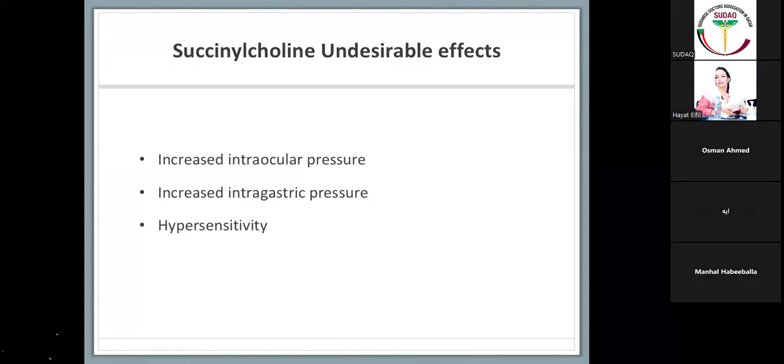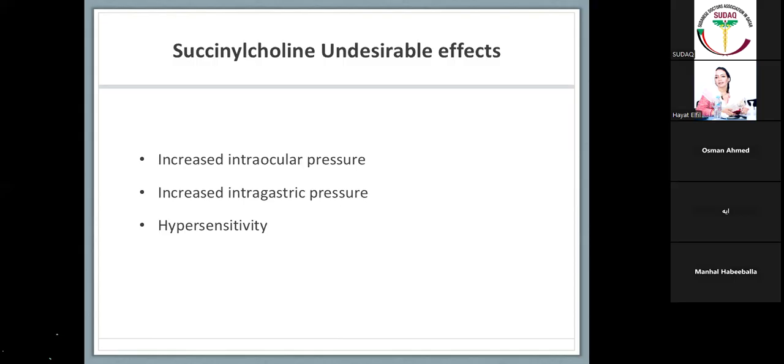Increased intragastric pressure could happen as well, and fasciculation of the abdominal muscles will contribute to that. Hypersensitivity: we generally know about hypersensitivity to non-depolarizing muscle relaxants.